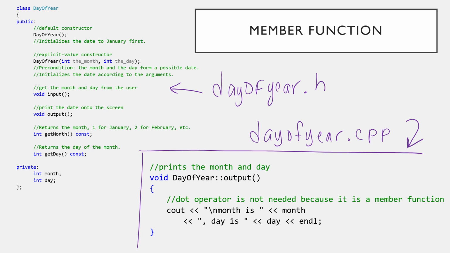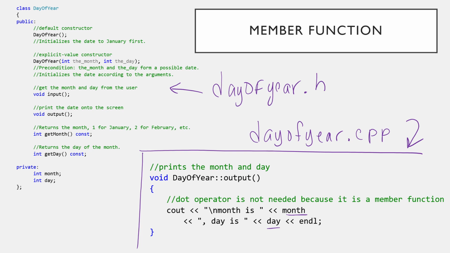So your day of year .cpp file would have your constructors and your 4 other functions. And your member functions have access to your private member variables directly without using a dot operator or anything. Obviously, they can access your private member variables because they are member functions that are part of your class.